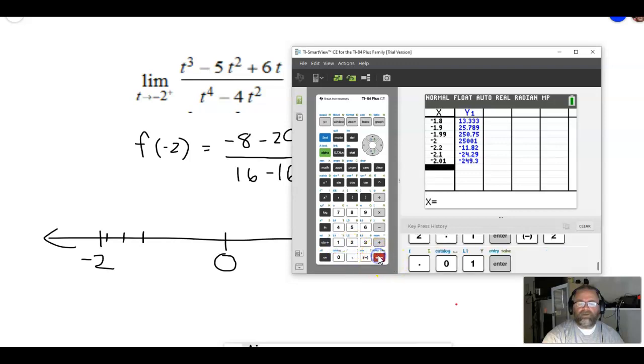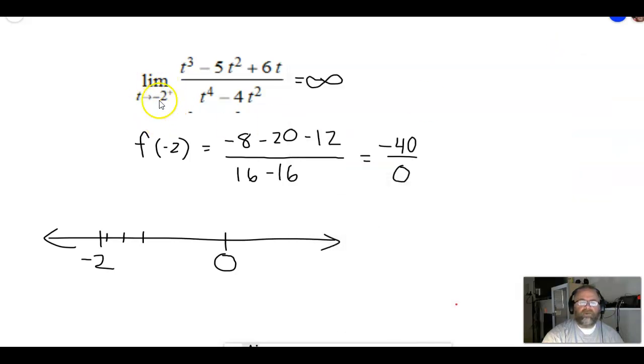Getting closer and closer. -2.00001, and it looks like it's going down towards negative infinity without bound. So if we're looking at this from the left-hand side, with a little minus in the exponent position, then we would write negative infinity. And if we were to write it as a two-sided limit, we would say does not exist because they're not approaching the same infinities.